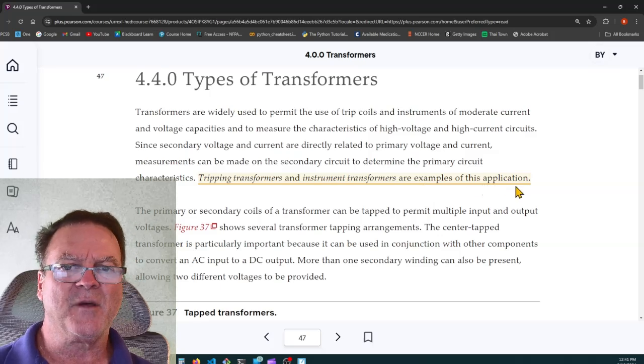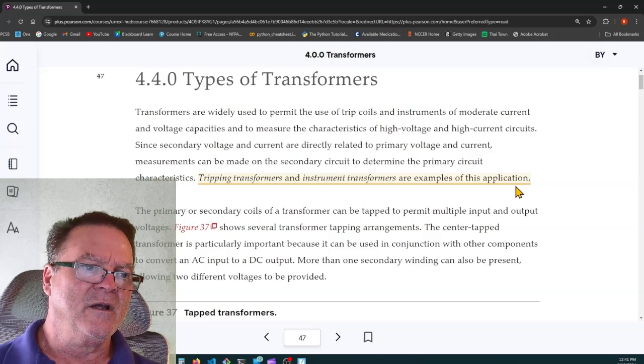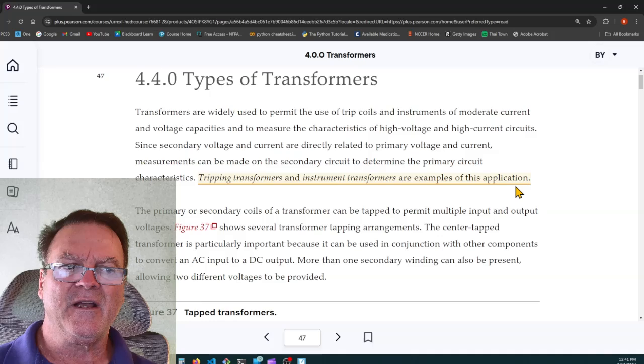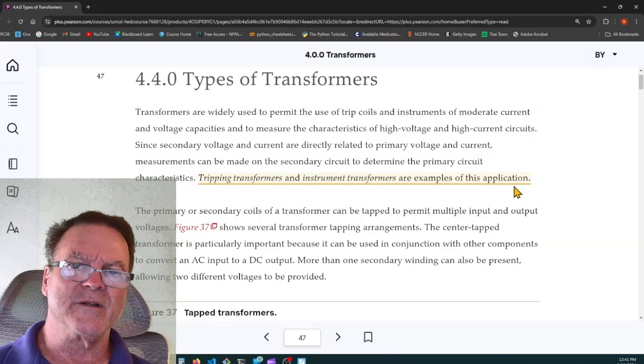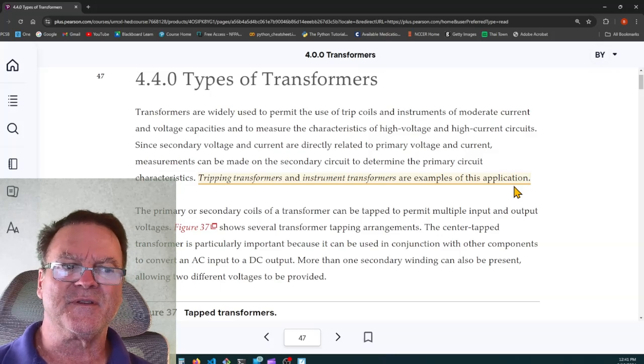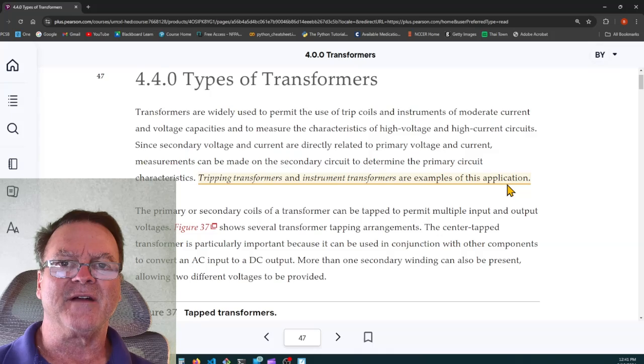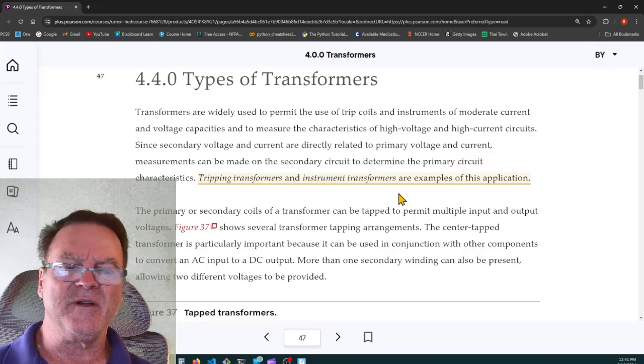So if you have something on the primary that is going to have a varying current output between 0 and 1,000 amps, well, your meter isn't going to read 1,000 amps. The wire size for 1,000 amps is huge. It's like 500 kcmil.